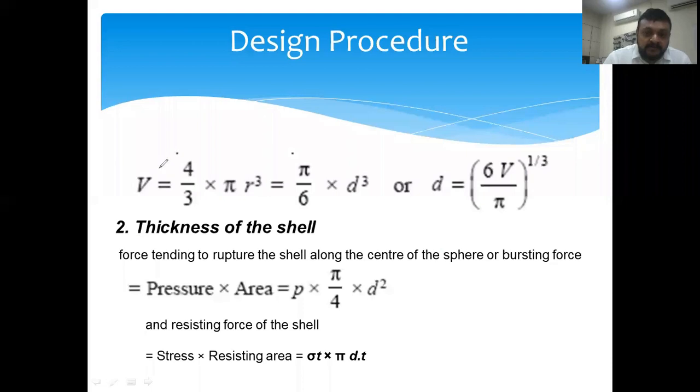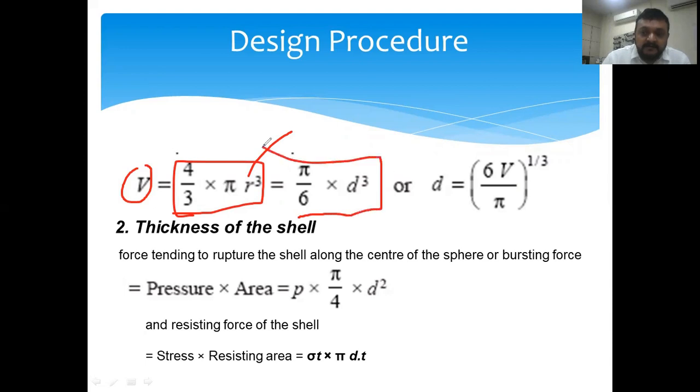If the capacity (volume) is given, then the volume of the spherical shell is 4 by 3 pi r cube. From this volume you find r and double it to find d, or alternately use pi by 6 d cube and find d, whichever you can take. And then the thickness of the shell.